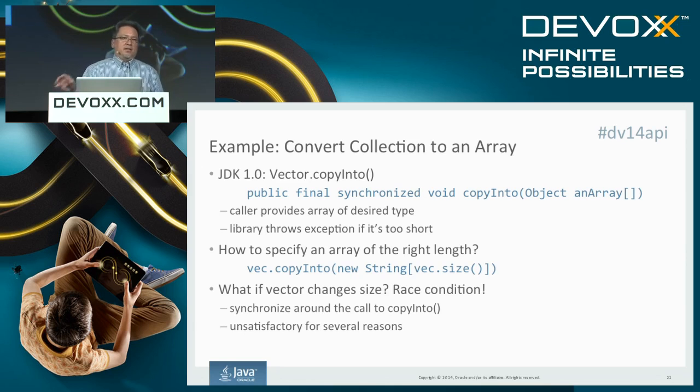So really, in the bad old days of JDK 1.0, the solution was to lock the vector around this call, or to put this inside of a synchronized block. But this is pretty cumbersome because it relies on the client to have to know to do this. I didn't write out the code, but you have to do a synchronized block, and you have to get the size and so on. So this is not a very good abstraction for turning a collection into an array.